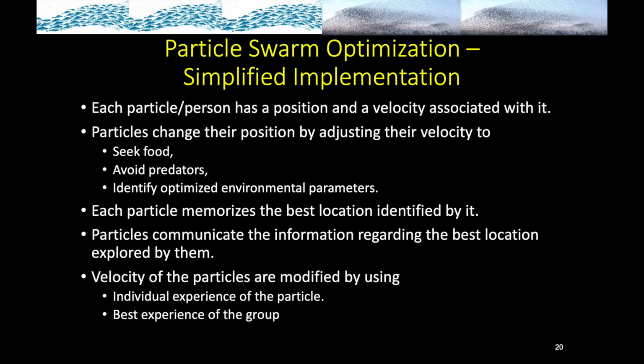Well, the velocity of the particles will be modified by using the individual experience of the particle as well as the best experience of the group, that is the global best, as well as the local information available to the particle. So with these things in mind, we'll now move on towards the basics and determine the equation for particle swarm optimization.